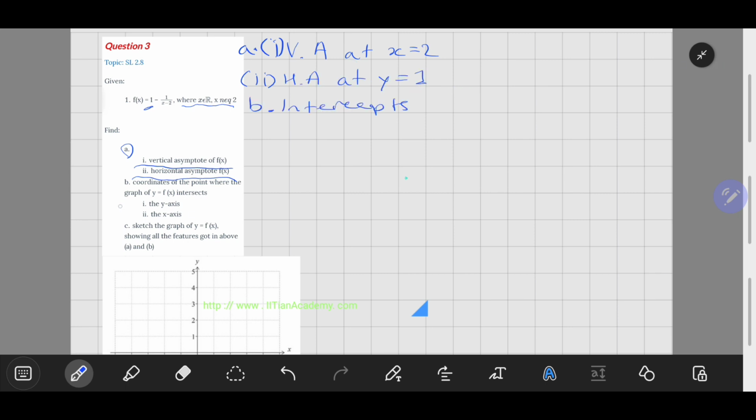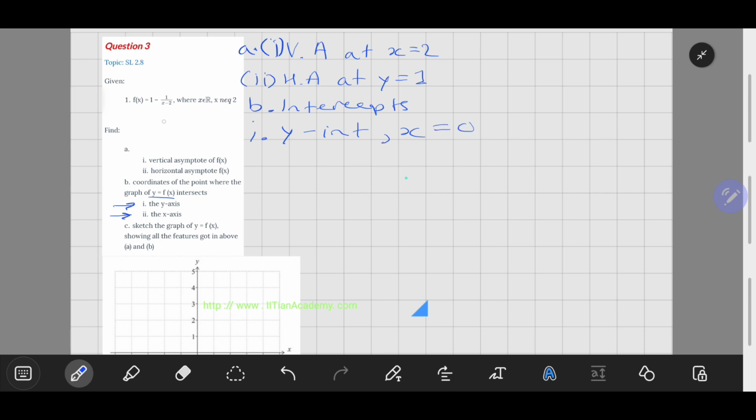And then for part B of our questions, we're asked to find the y-intercept and the x-intercept for our function. For part I, we're asked where f(x) intersects the y-axis, which would be our y-intercept, and which occurs when x is equal to 0.